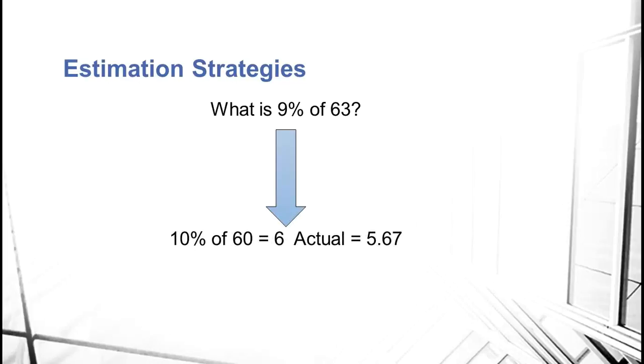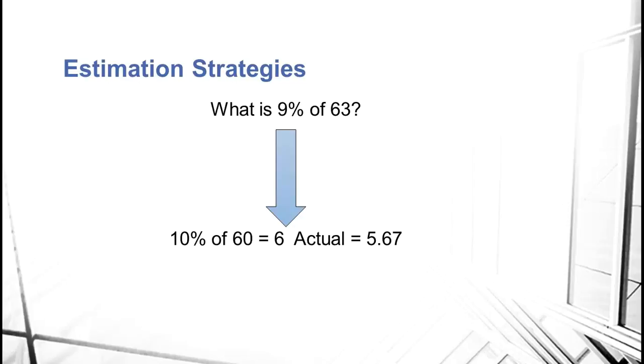And this is another example. So what is 9% of 63? You're often going to be asked to estimate things. So a very, very close estimate to 9% of 63 would really be using the baseline of something like 10% of 60. So you're using much more manageable numbers that are close to the numbers that are given.